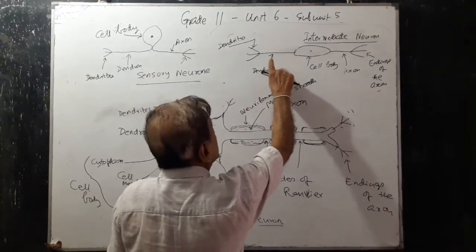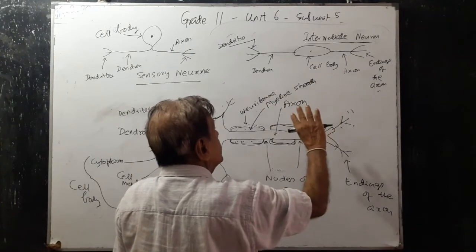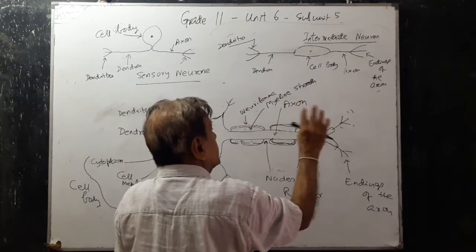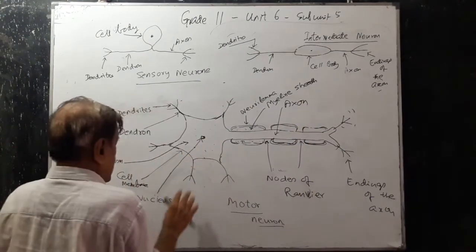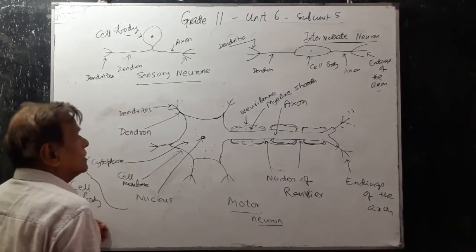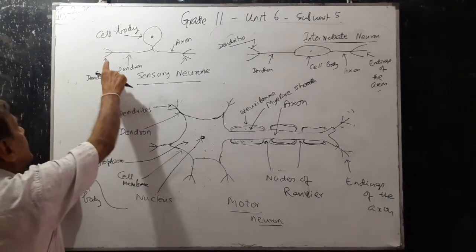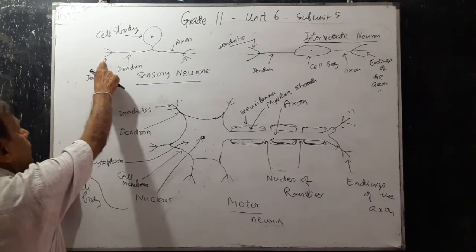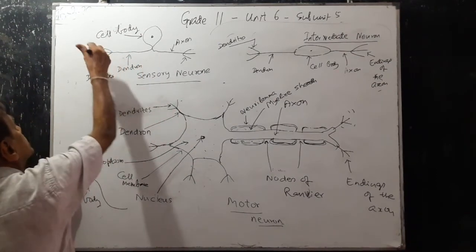Now from the intermediate neuron, the nerve impulse should be transmitted to the motor neuron. Actually, now it's like this. Dendrites of sensory neurons receive the stimulus.